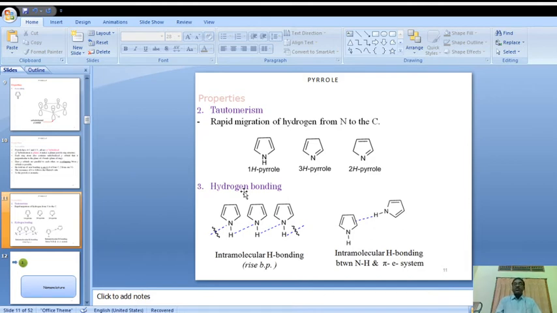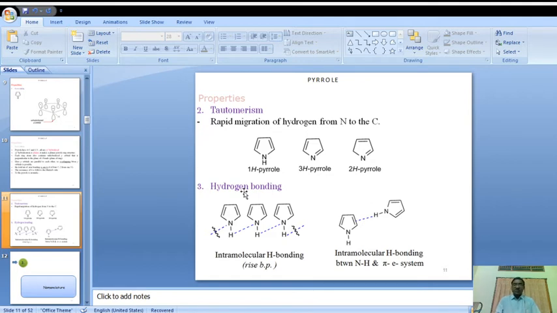After that migration, you will get a different structure, called a tautomeric structure. Here, please observe a rapid migration of hydrogen from nitrogen to the various carbons.